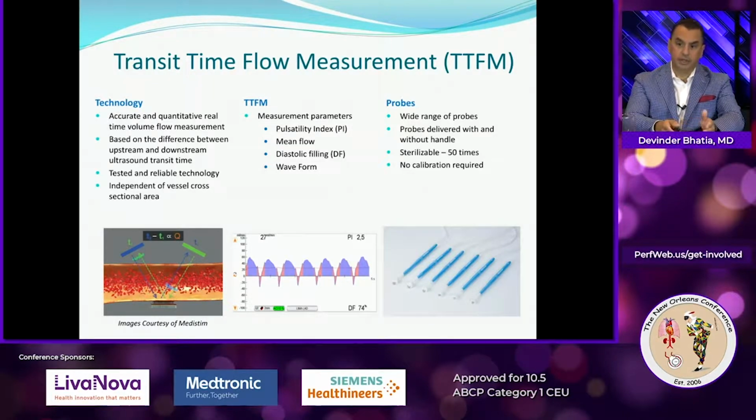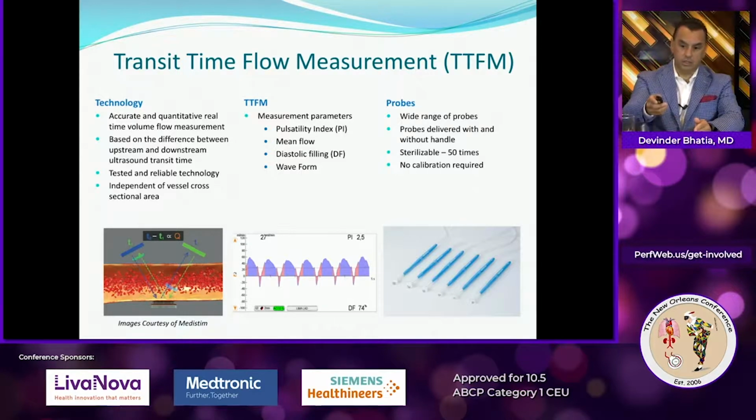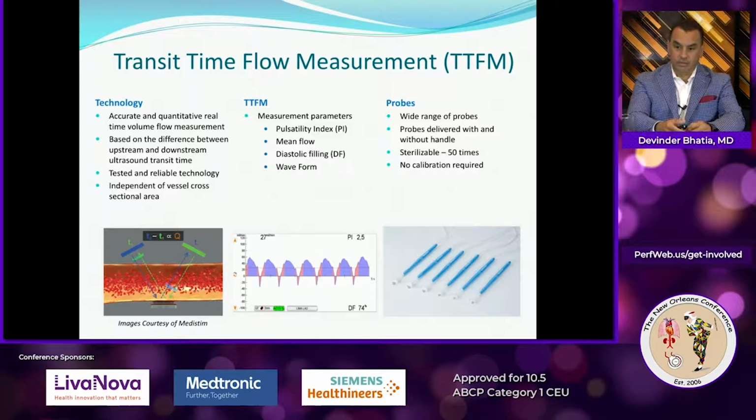So the things that we look for when we do these types of analysis are a pulsatility index, a mean flow, a diastolic filling, and a waveform. And you can see this, right, everybody? Oh, yes. Okay, so the middle graph there with the waveform is what we will see.